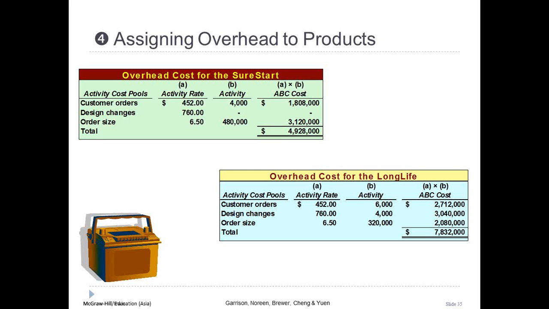The total overhead costs assigned to products, the $12.7 million, plus the total overhead costs not assigned to products, which are $9.2 million, equal the total overhead of $22 million. That's from the earlier information we have. The overhead not assigned to products consists of customer relations, $3 million, and another $6 million.